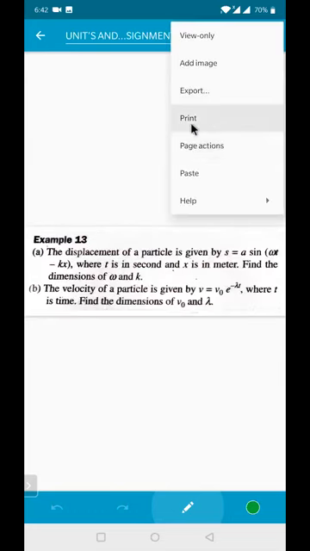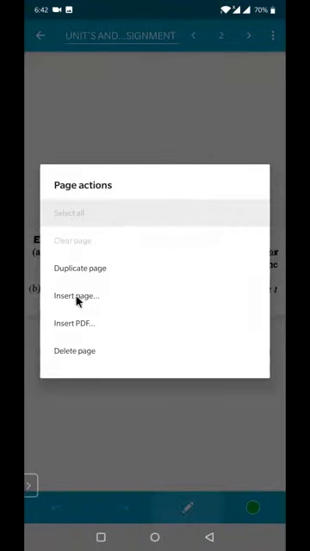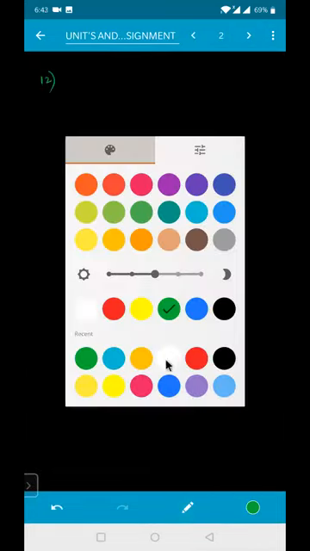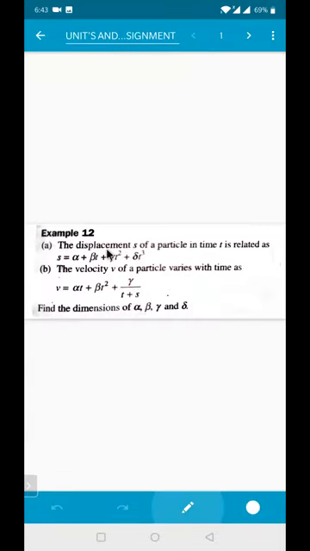So how do you do it? You see this one, question number 12. What is the given equation here?